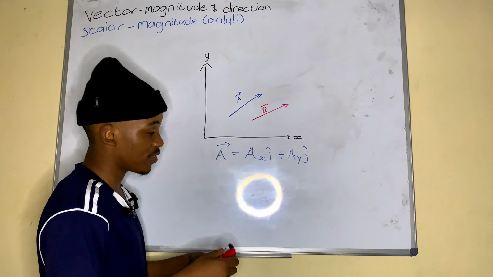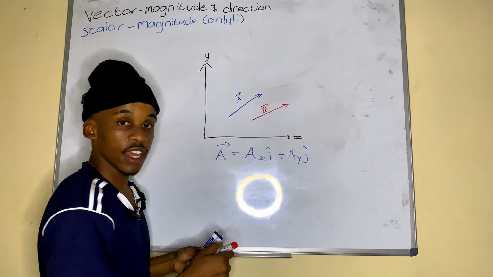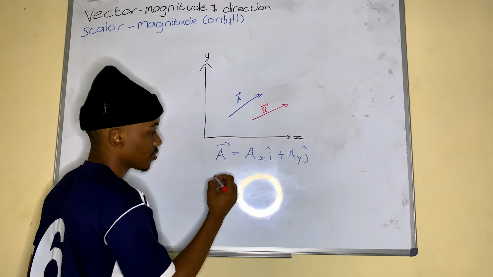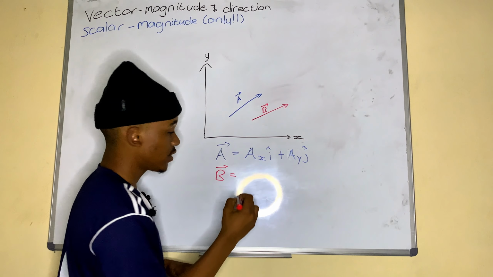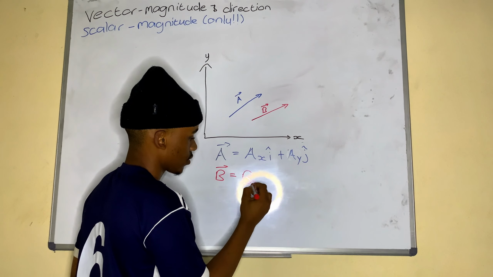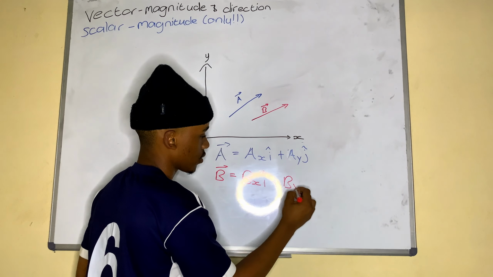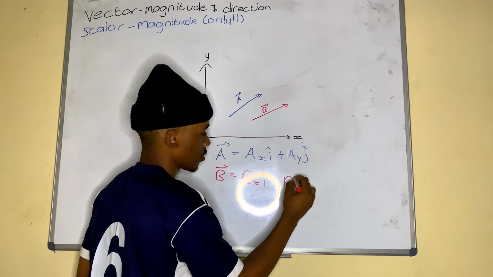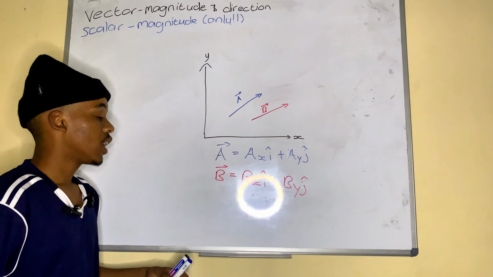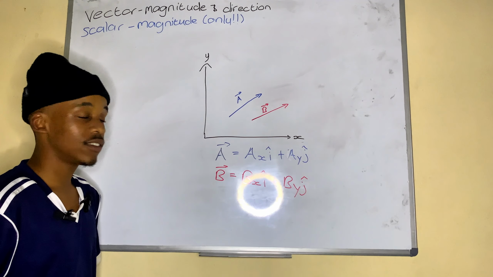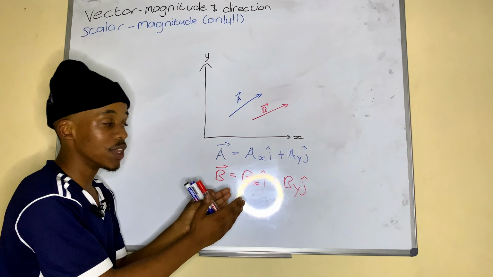And so this means that vector A has an x component and a y component, and vector B will also have an x component as well as a y component. And so when adding vectors, you add the components that match with each other.